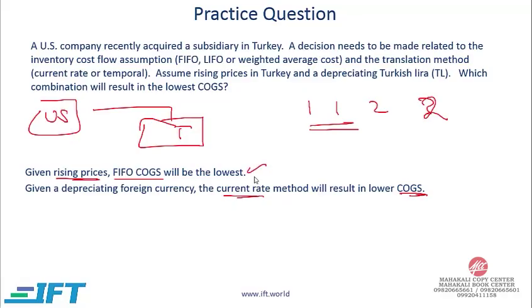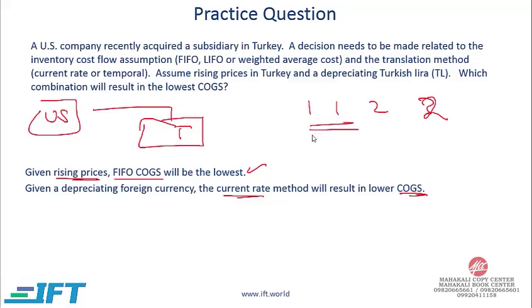That is fairly straightforward. What about the current rate method versus the temporal method? Remember, with the current rate method, we are using the average exchange rate, whereas with the temporal method, we are using the exchange rate in effect when the items were bought and sold.